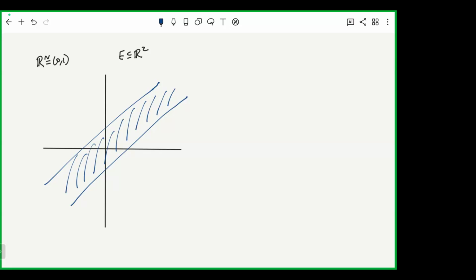Because no matter how big a product of compact sets I take, let's say something like this, there will always be unbounded distances between points outside, right? Yes, yes, I guess that's it.